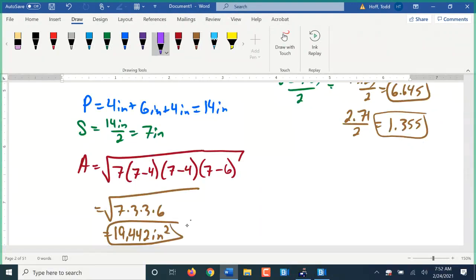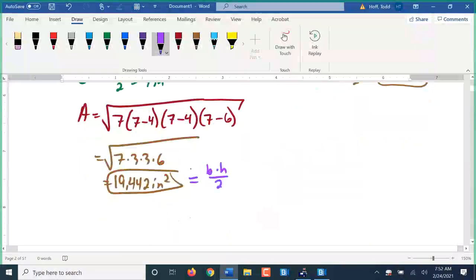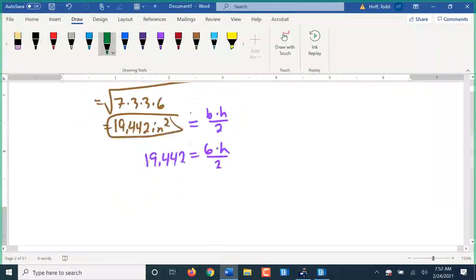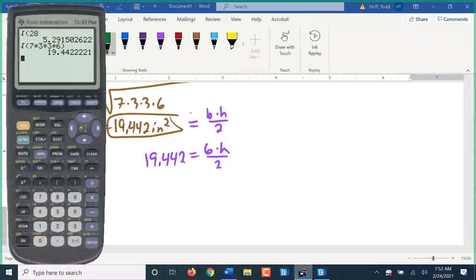But we know that another way to find the area of a triangle is base times height divided by 2. So the base is 6 inches, height, equation. 19.442 times 2 is 38.884.